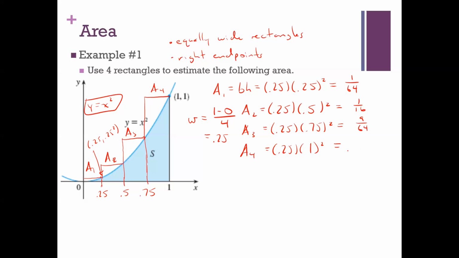And this last one's going to be 1/4. Let's just, to make these things easier to think about, get an area now in decimal form. If someone can give me 4 decimal places, that'd be good.